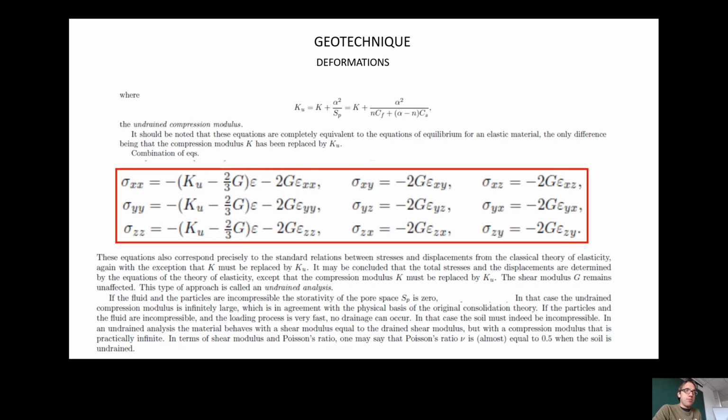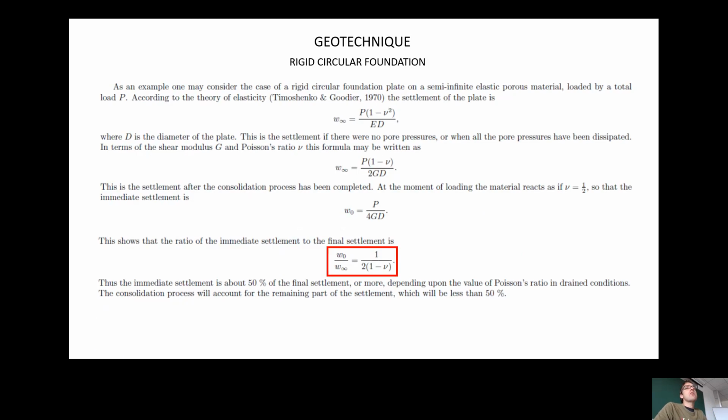So for the undrained condition, we can consider something like what you have already seen in structural engineering. Here, we can already consider an example of a rigid circular foundation.